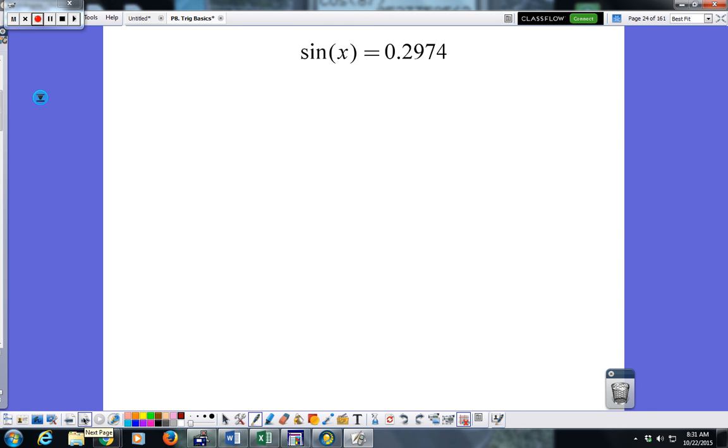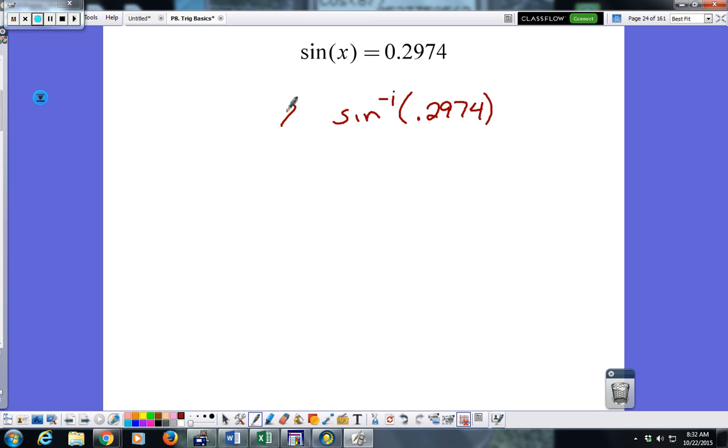Sine of something is 0.2974. I'll give you just a second. I need to get rid of the sine. Get rid of the sine out of your life. I need to get rid of the sine by moving it to the other side. I'll give you a second to try that on your own. So move it over, and we're going to type in, and again, ACT would just simply leave this as this.